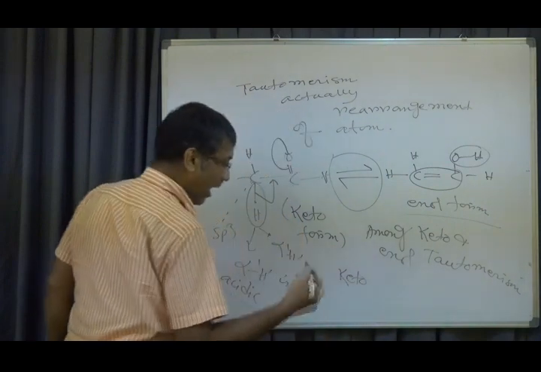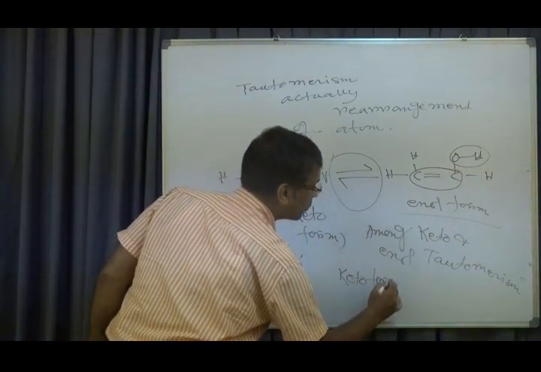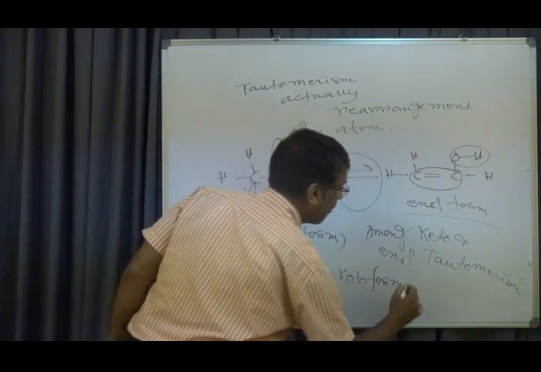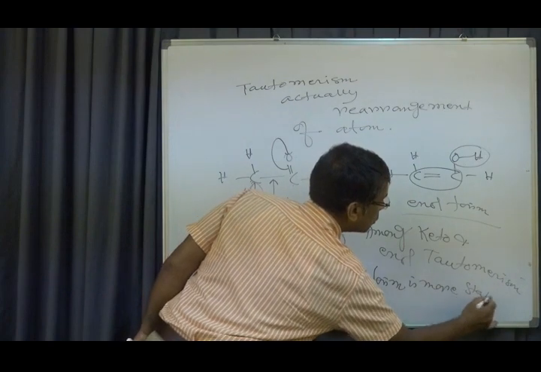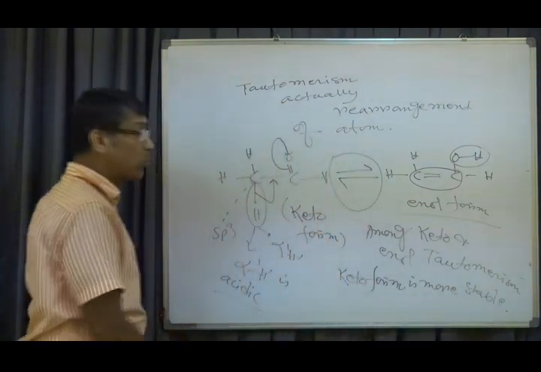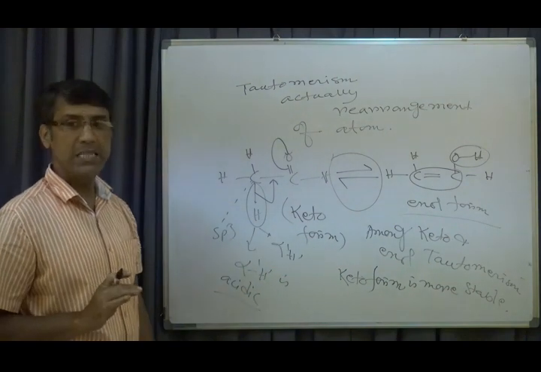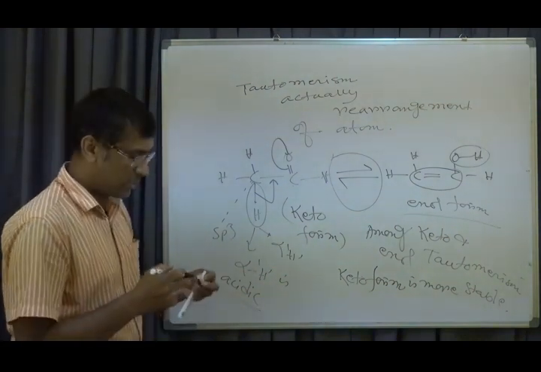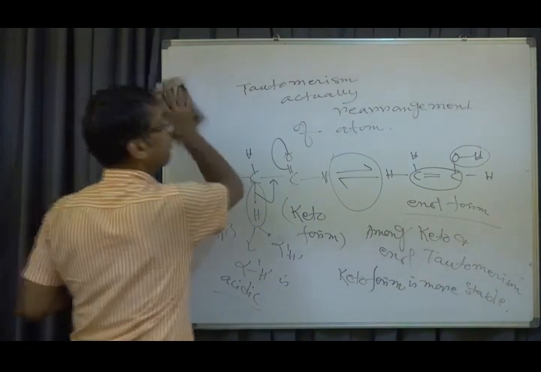Again and again I am telling you that generally the keto form is more stable. But to some extent the enol form may also be stable.